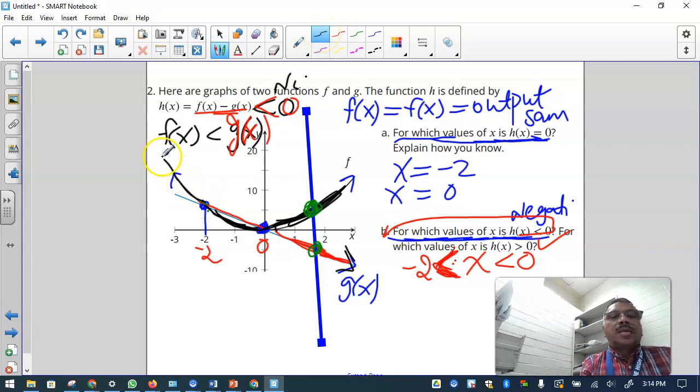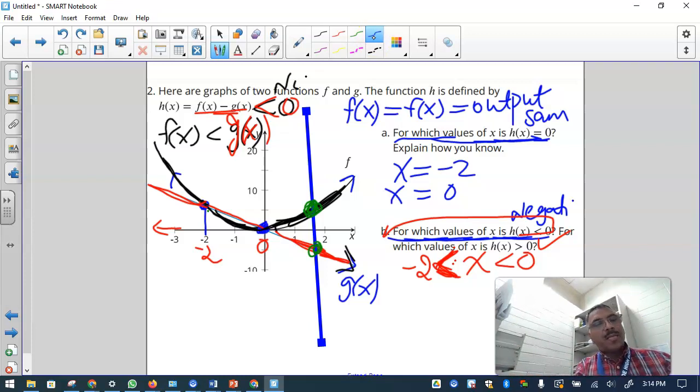Here also the black color f of x is up and the red is down. So that is all the way from the left side, from -3.